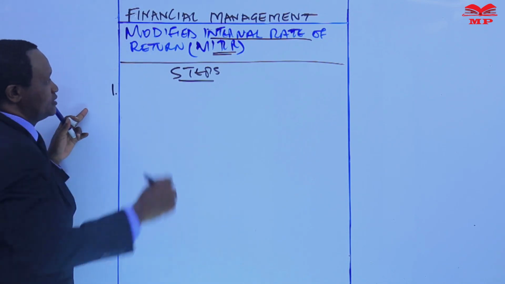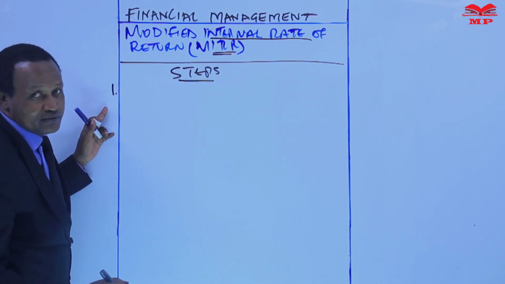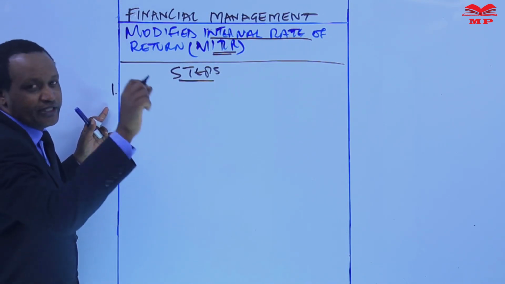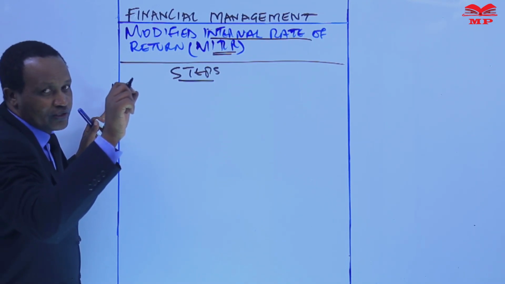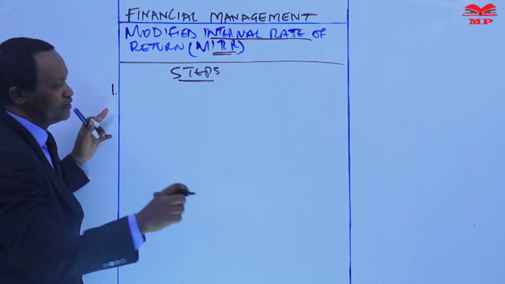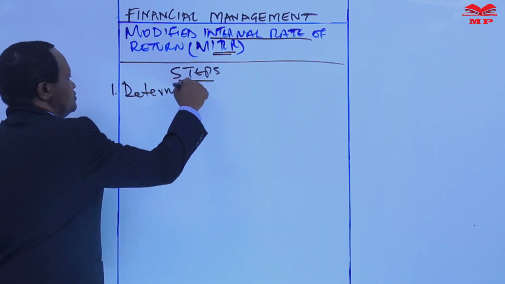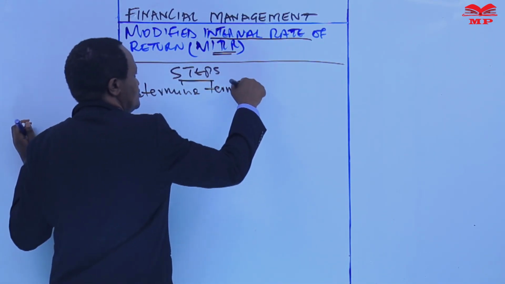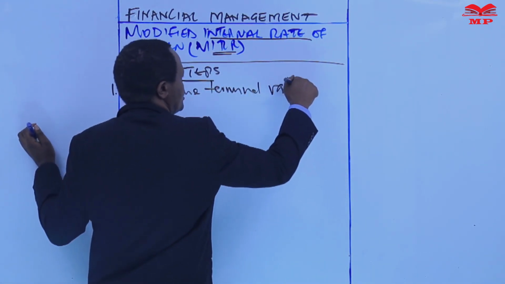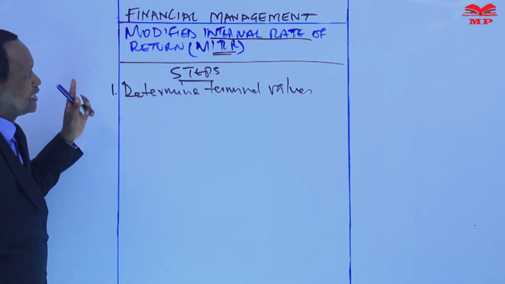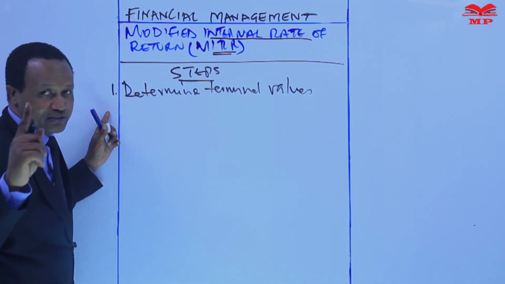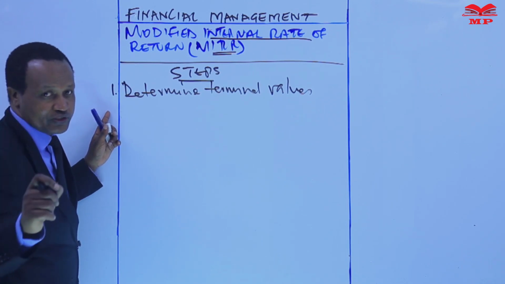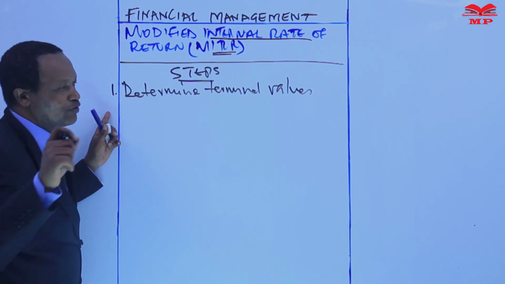Step number 1, determine terminal values. In calculating modified internal rate of return, step number 1, determine terminal values.